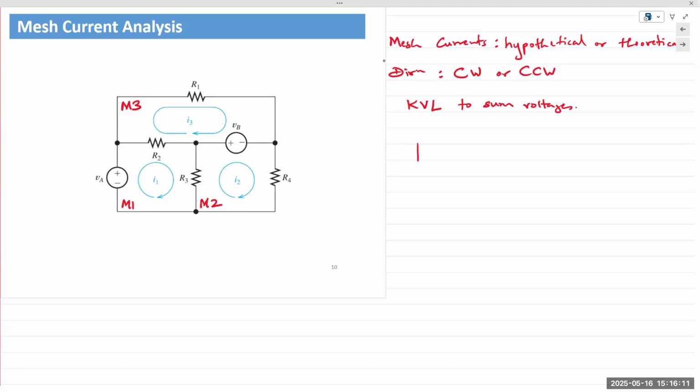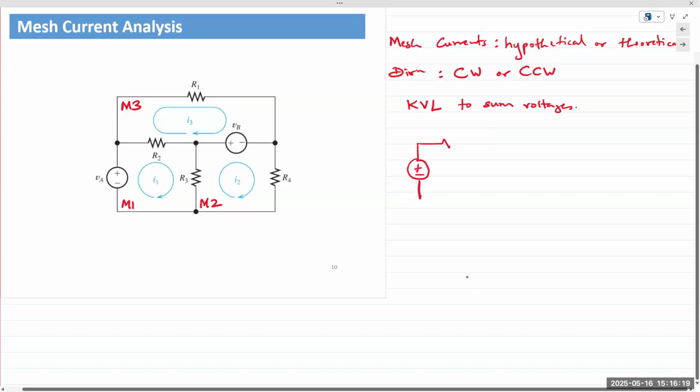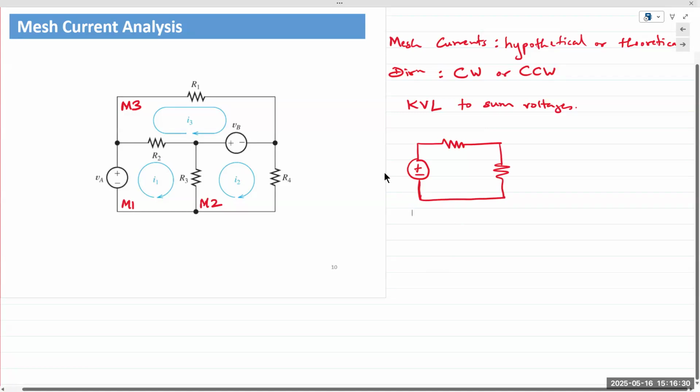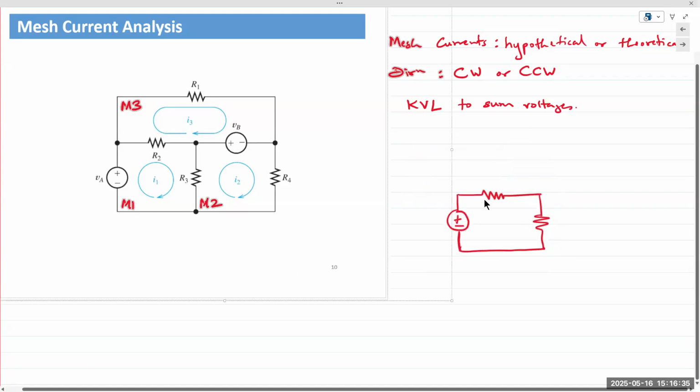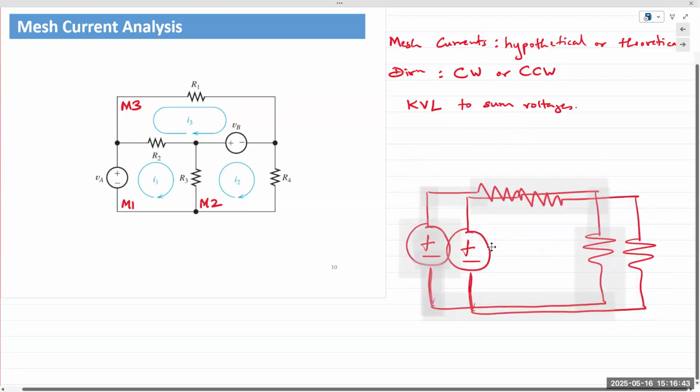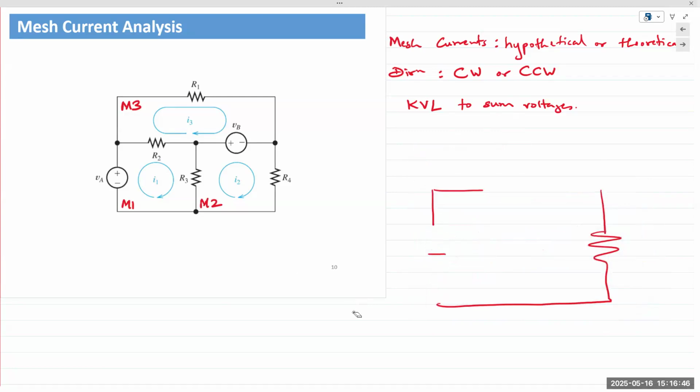Mesh 1 consists of a voltage source, a resistor, another resistor, and you have one mesh current I1. Actually, you know what? Let me wipe this out and make this bigger. All right.